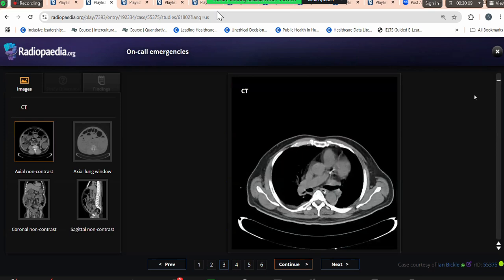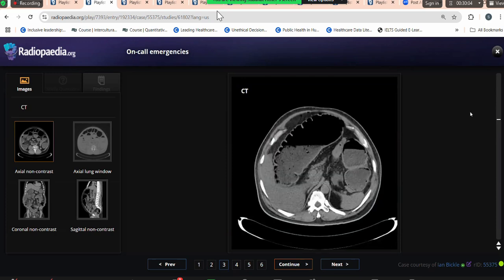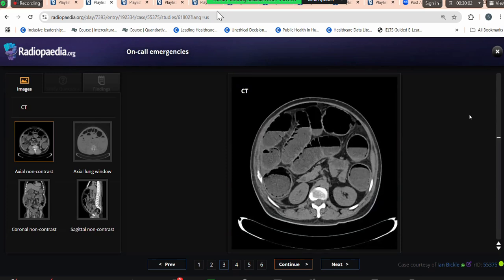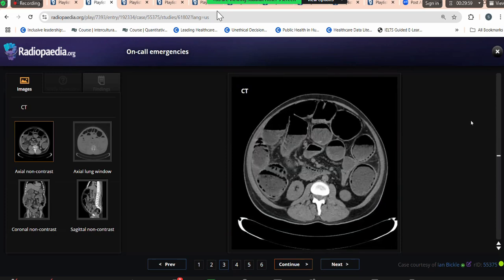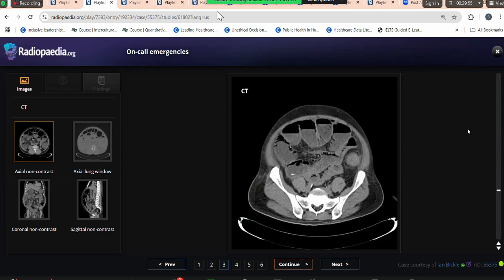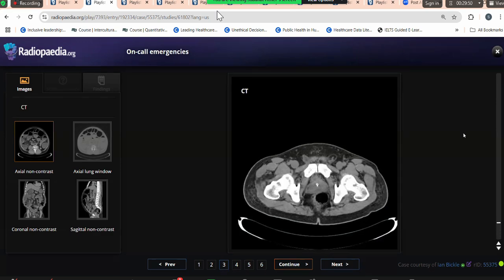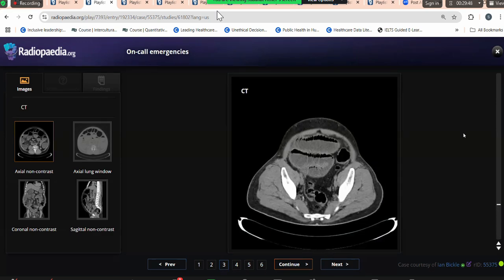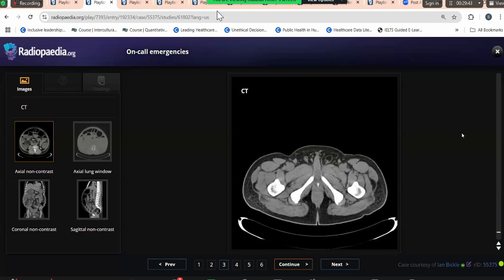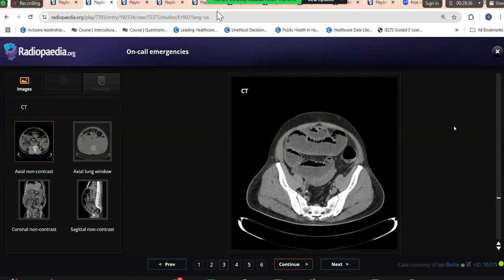So again, I'll quickly go through the images and then begin my description. So this is the same patient whose X-ray I previously saw. And again, there is redemonstration of multiple dilated small as well as large bowel loops. My first instinct would be to look at the hernial orifices. They are intact.